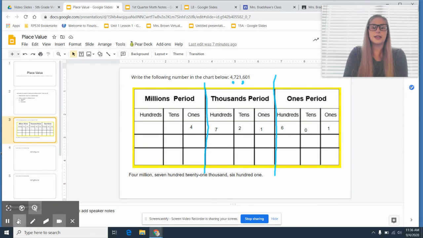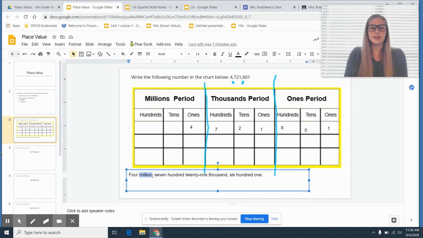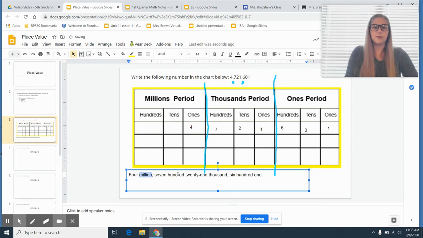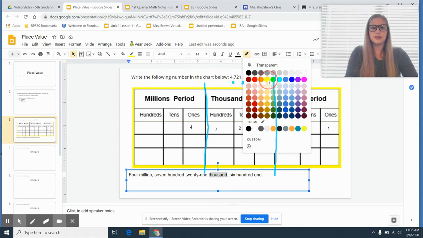When we were writing it in word form down here, we wrote it exactly how we said it. So the biggest thing whenever we do that is we say the period name. So we have the millions period after we say 4 million. Then we have 721,000. So I said 1,000.